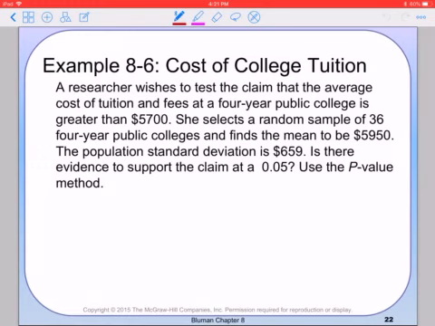So let's do an example here. A researcher wishes to test the claim that the average cost of tuition and fees for a 4-year public college is $5,700. She selects a random sample of 36 people and finds that the mean is 5,900. The population standard deviation is 659. Is there evidence to support the claim at alpha equaling 0.05?